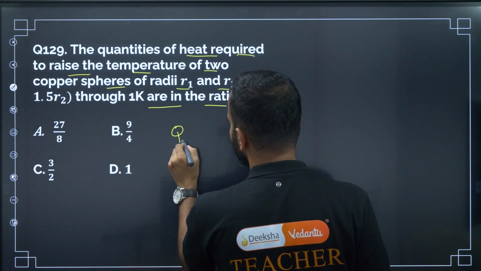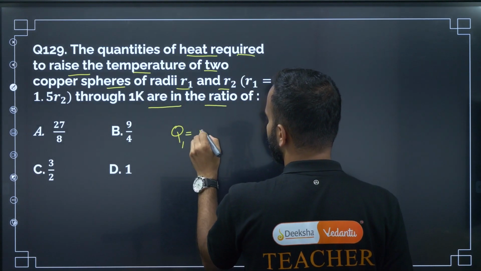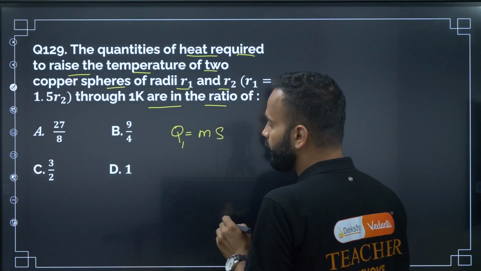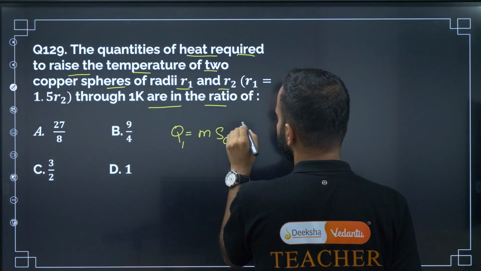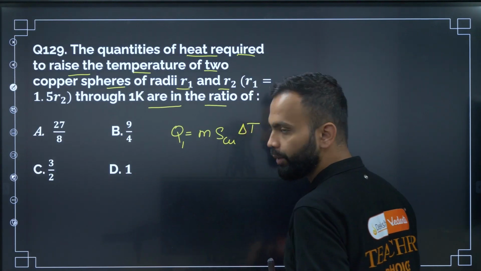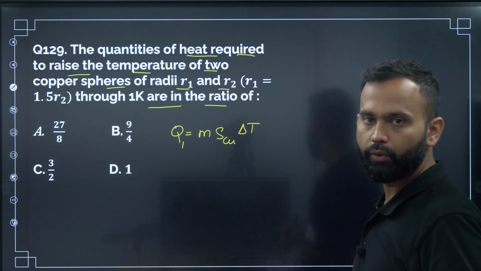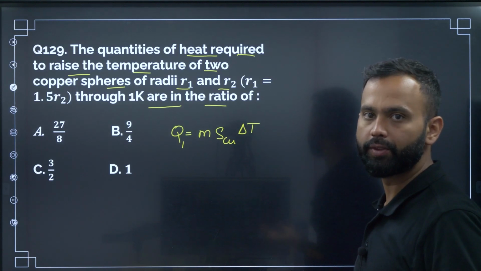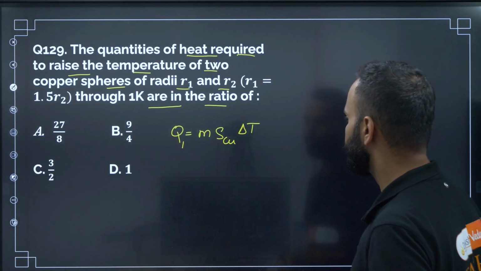So Q1 is equal to M into C, that is specific heat of the copper, into delta T, the change in temperature. Delta T is equal to 1 Kelvin, right? M is mass of the sphere.